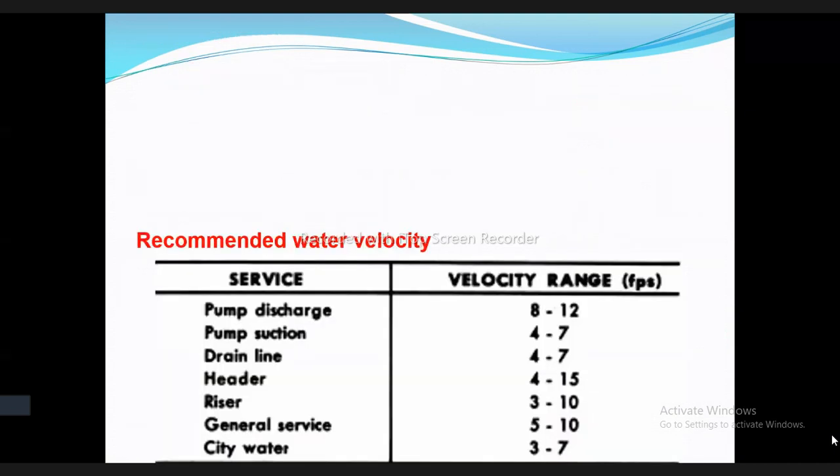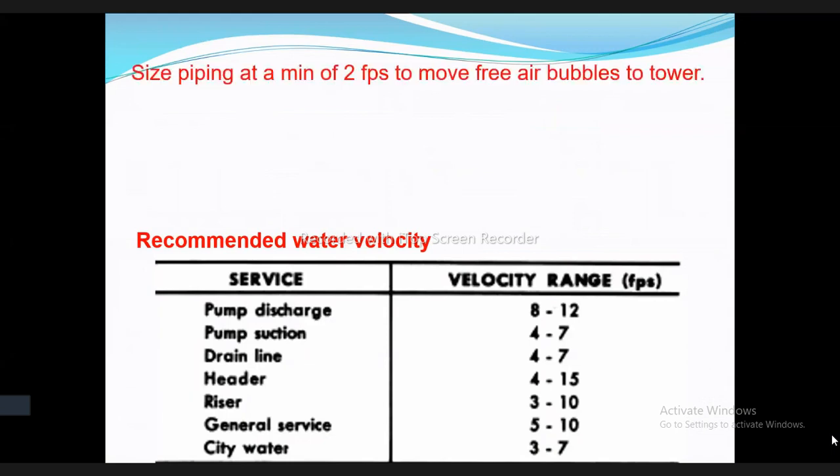So before we learn how to calculate head, let's see what the velocities should be. Basically, whenever you do any selection, let it be duct, let it be pipe, anything, the first thing you should know is the velocity. What is the recommended velocity that you should have?